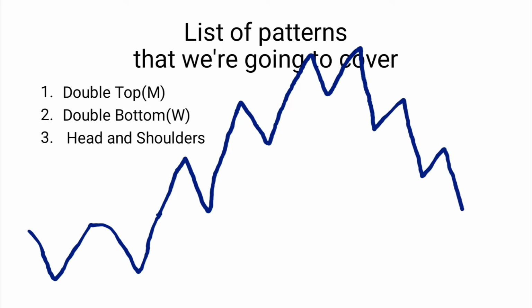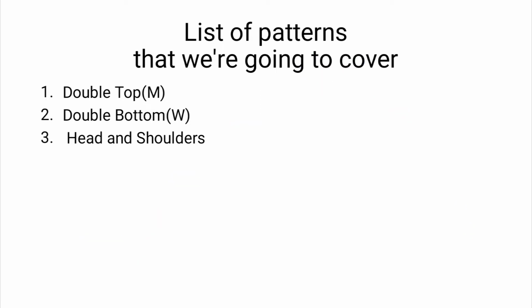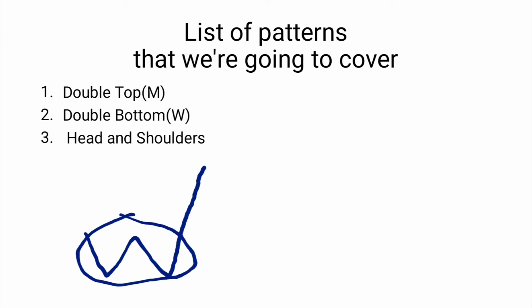which it can continue to go down, or it can do this peak formation, which I said here. It can be a double top, double bottom, or a head and shoulder.